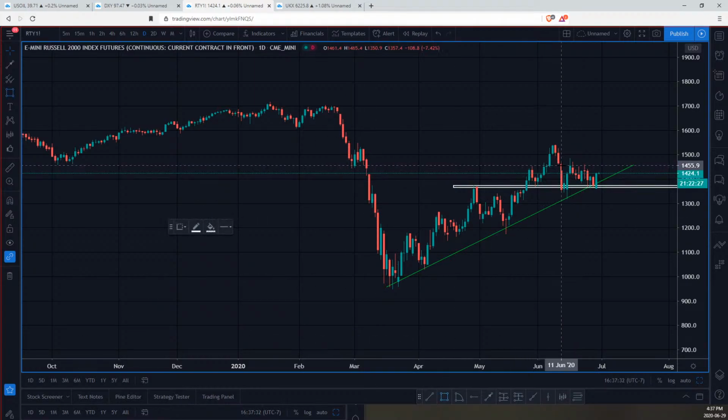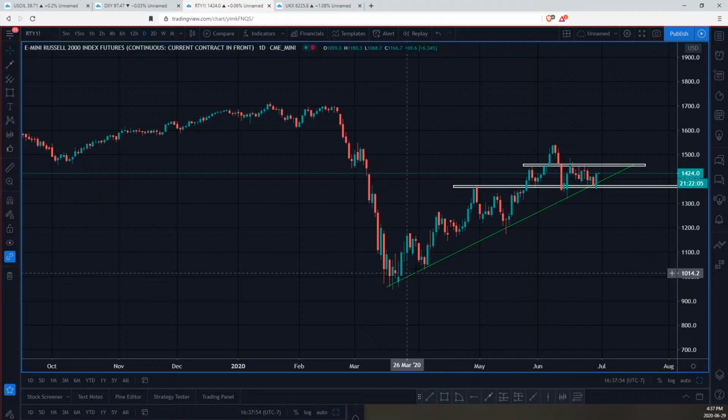If it does break the right shoulder, this is going to be the right shoulder right here that needs to break if the head and shoulders is going to be invalidated. And then the breakout point where the armpits are is going to be around 1364. So if it breaks beyond that zone, it's not only confirming the head and shoulders, which is a reversal pattern, but also the fact that this ascending trend line that's connecting the higher lows is broken as well.